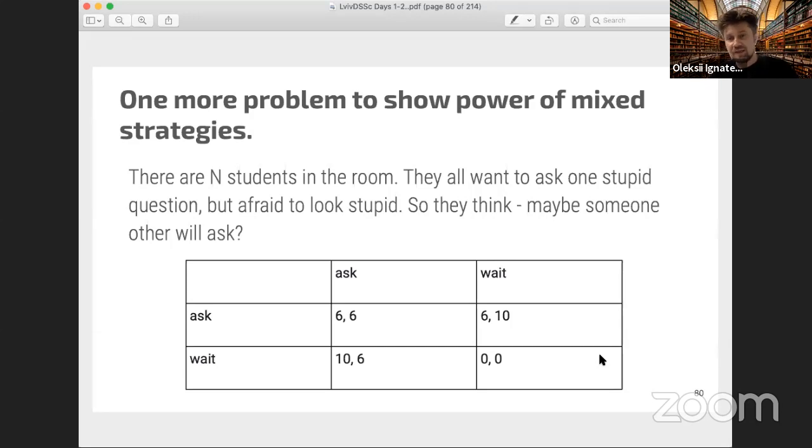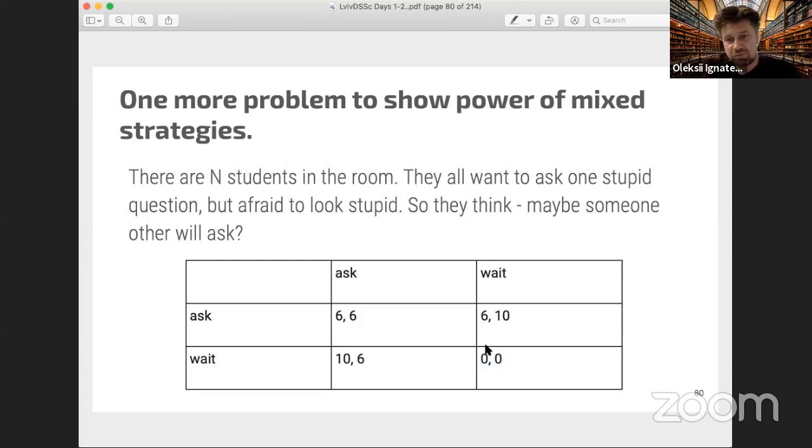And the trick is that if you both turn, turn right or turn left, then you get 6. And if you don't turn, then you are macho, so you get 10. And if you both do not turn, then you are very dead, because you just crash.